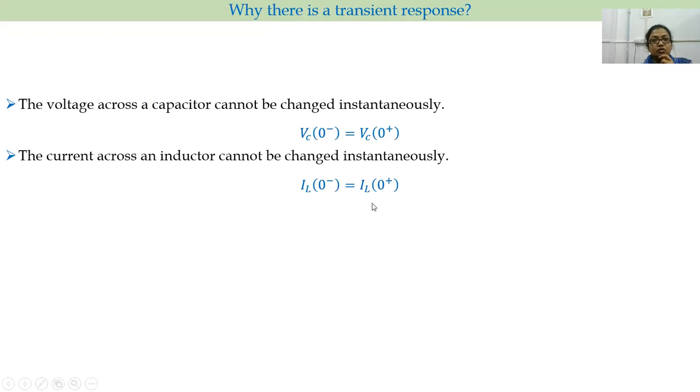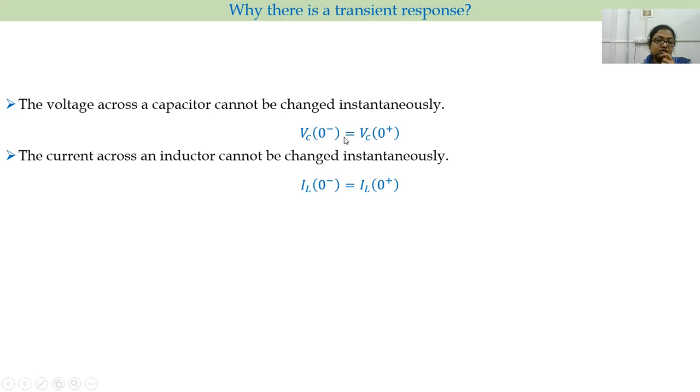Now for capacitor and inductor, when we give the input at t equals 0, it can't follow the sudden change, or it can't show the change across it for a capacitor.